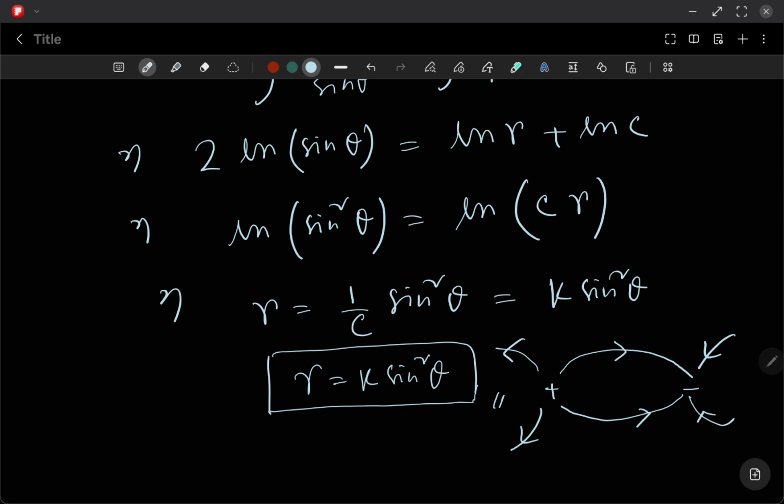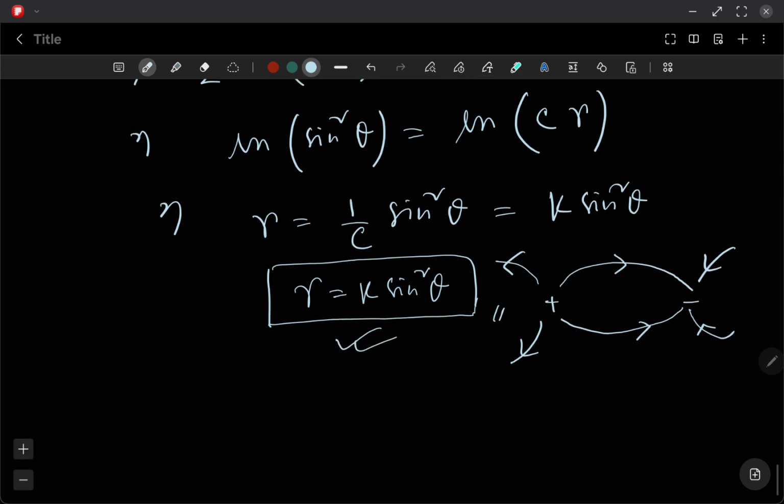So these curves actually follow this equation. This is the r versus theta relation. Sometimes students think that these are parabolic or hyperbolic. They don't think parabolic, they think hyperbolic. But they are not. So this is the equation of the line of force.